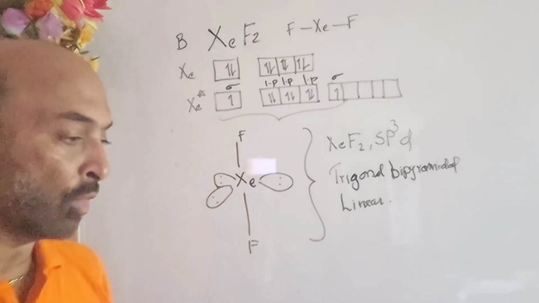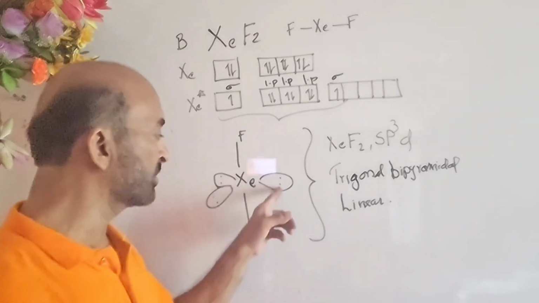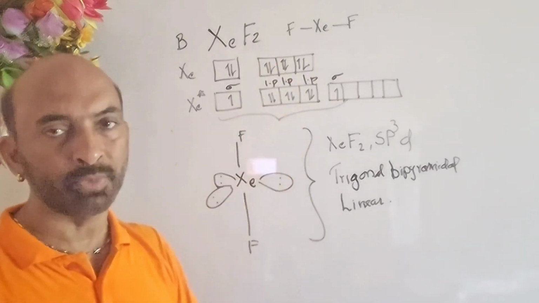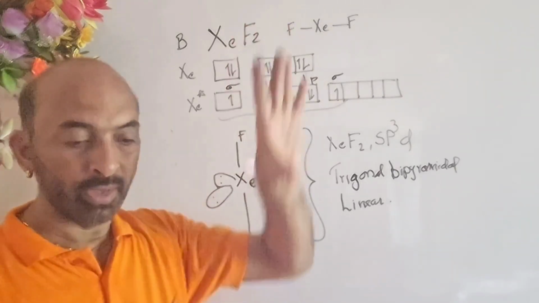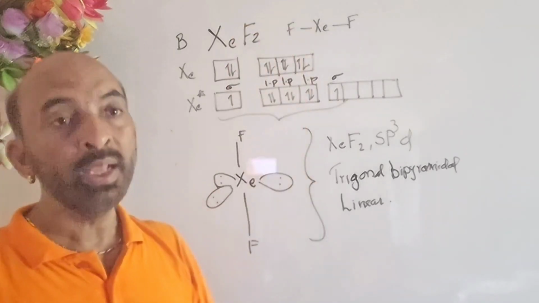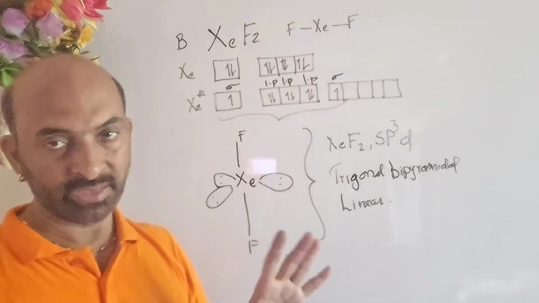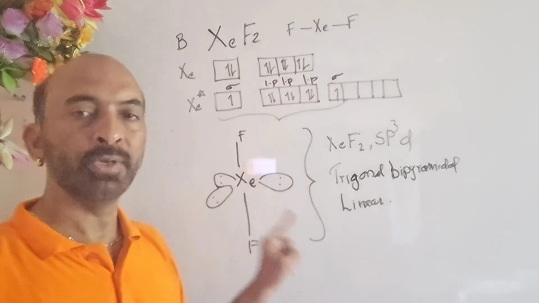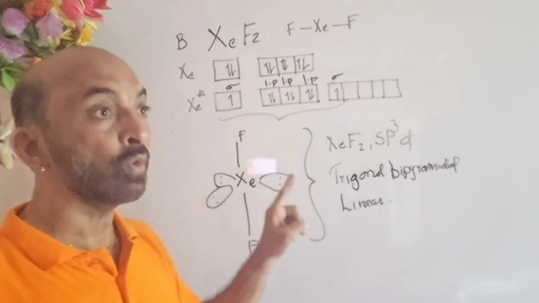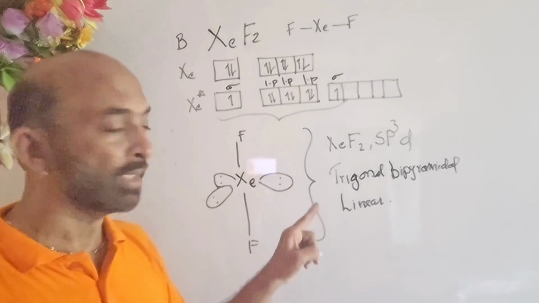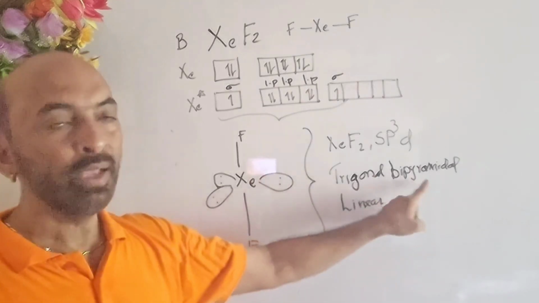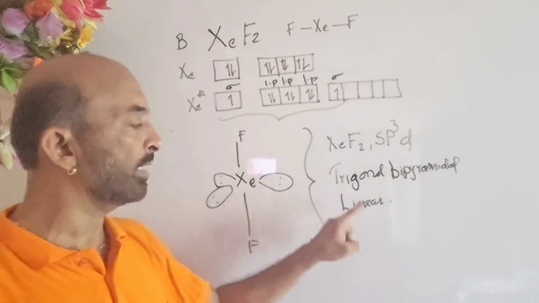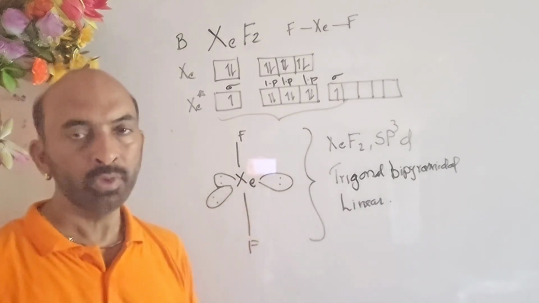It is bothered only about the location of the atoms in the molecule, the apparent structure, which is shape. So in this case, structure or electron pair geometry is trigonal bipyramidal, whereas shape or molecular geometry is linear. Hope you understood that.